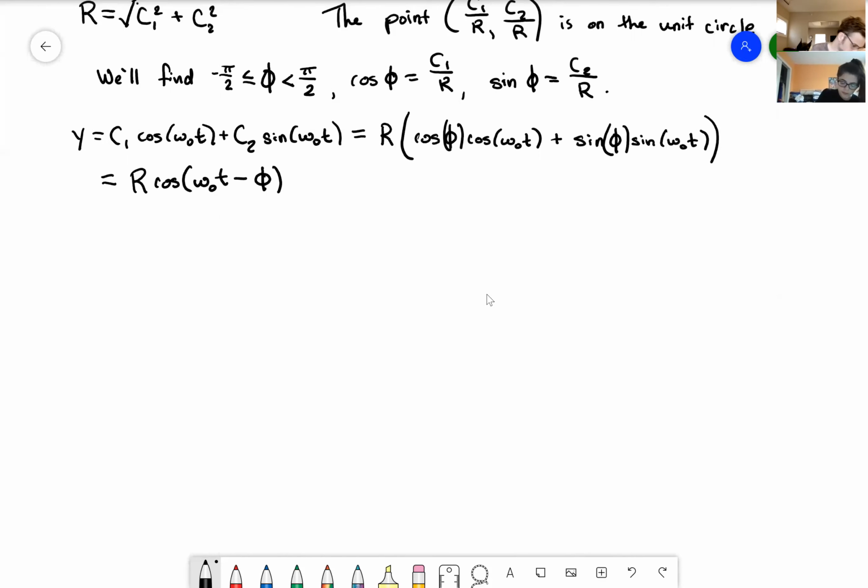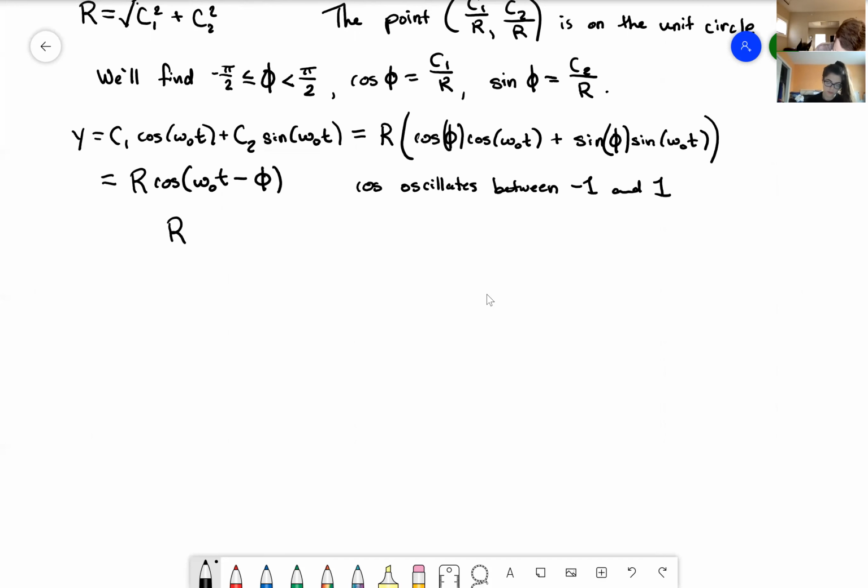Now in this form, it's really easy to just look at this function and describe what it does. Cosine normally oscillates between -1 and 1. It goes down to -1, back up to 1. So when we multiply this by R, we get the largest possible value that this will attain.